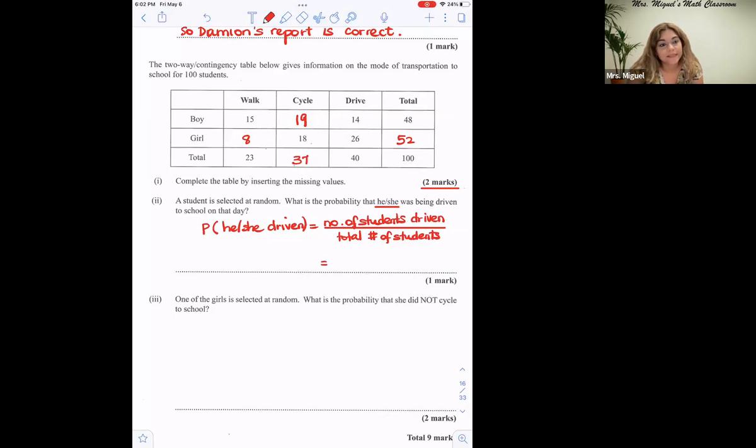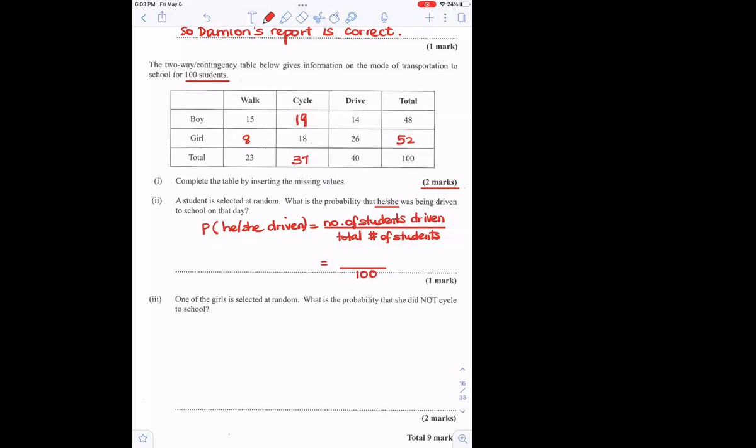How many students are being driven and what is the total? The total is 100. So we could underline that. How many students are being driven? 40. Right?